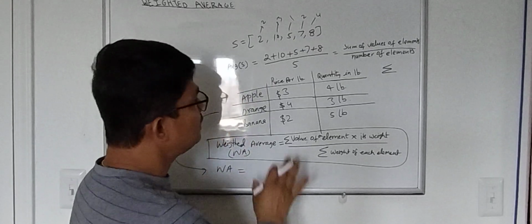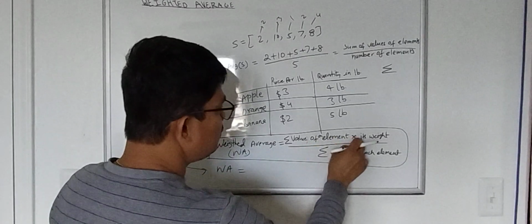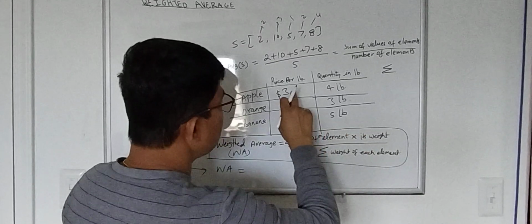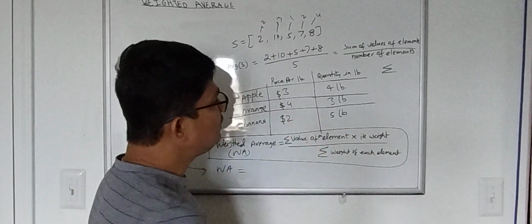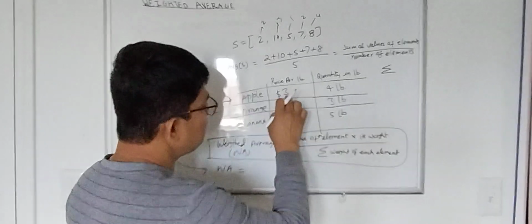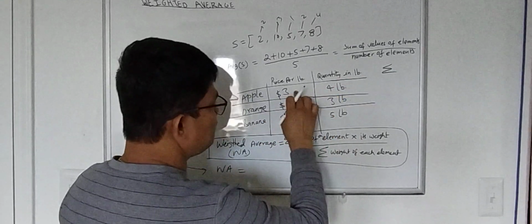So what I will do, I have to compute the numerator, value of an element. So what is the value? Its value is $3 per pound. Okay, look at the board first. So this is the value, this is the quantity, its weight. So I will multiply these two.